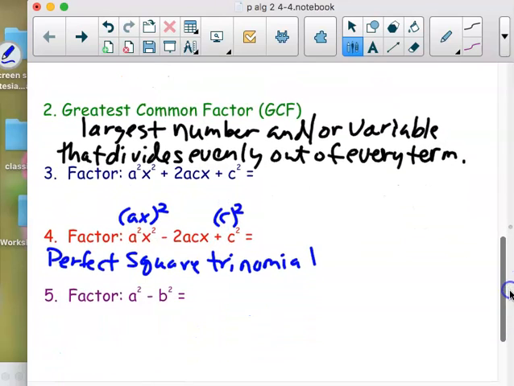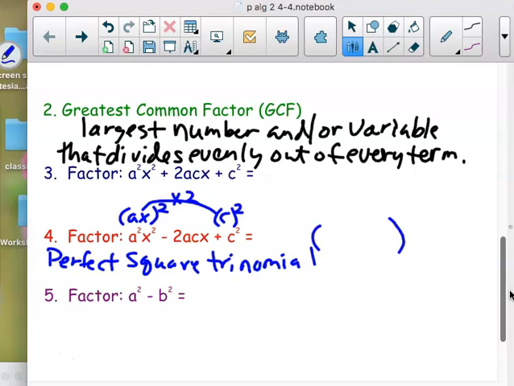So what I have to check for is, if I multiply these together and take it times 2, do I get that middle term? Well, ax times c is axc times 2 gives me 2acx. Now, I'm not going to worry about the negative at this point. I'm going to show you how to take care of that.